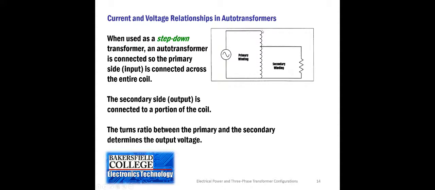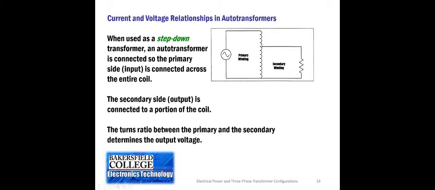If I had, let's say, 4,000 turns, with 3,000 of the turns across the secondary and 1,000 turns across the primary, then the voltage would divide in proportion to the turns ratio, or the number of turns. So 3,000 out of the 4,000 across the secondary makes 3/4 of the voltage at the secondary compared to the primary.